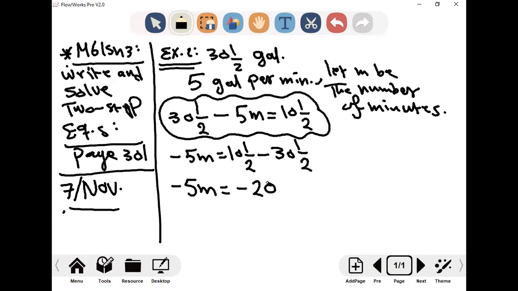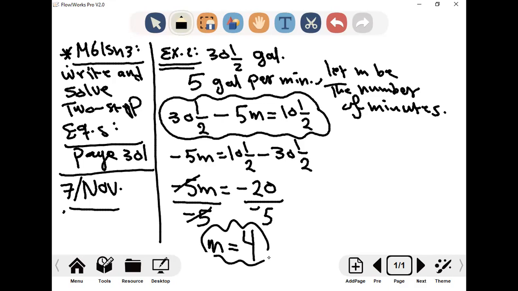Right. Now how will we solve this equation? -5m equals -20. We divide both sides by the coefficient, which is -5. So let's divide both sides by the coefficient -5. The negatives cancel, so it will be 4. 4 minutes.